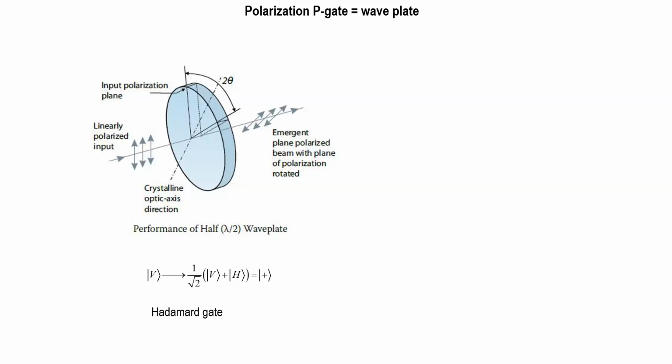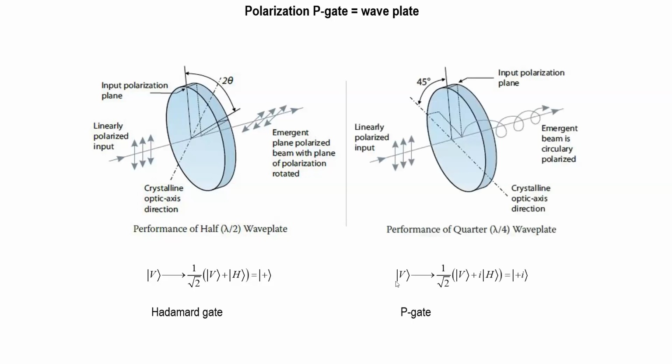In other words, it gets the superposition of vertical and horizontal states as indicated here, or in quantum computing language, this is the plus state. This is another example of a Hadamard gate in optical quantum computing.